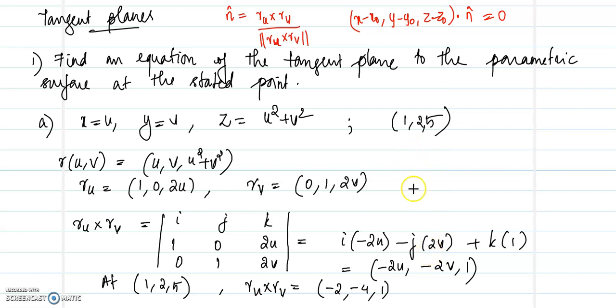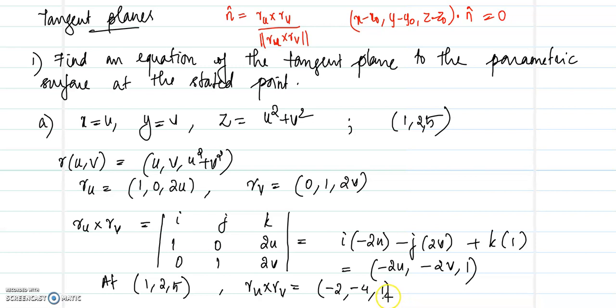Now let us evaluate ru cross rv at the given point. The given point is (1, 2, 5), so the value of u will be 1 and the value of v will be 2. So ru cross rv will be (minus 2, minus 4, 1).